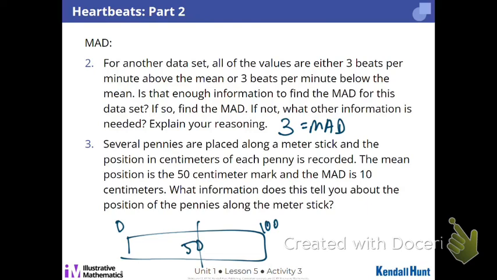On average, how far are they away from 50? Yeah, 10 centimeters away from 50, on average. We don't know if it's more, we don't know if it's less, we just know on average. These pennies are placed 10 centimeters away from the 50.